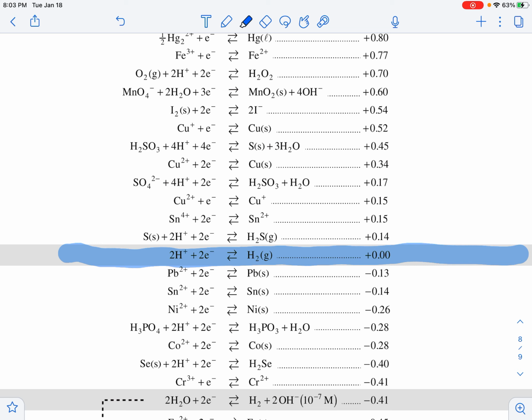Electrons actually will go on to H plus, no problem. But this whole table, everything is built on the principle of relativity here. So everything is relative to that hydrogen line. It's actually called the standard hydrogen half cell. And so the standard hydrogen half cell is set at the 0, and then everything is placed into its relative position.